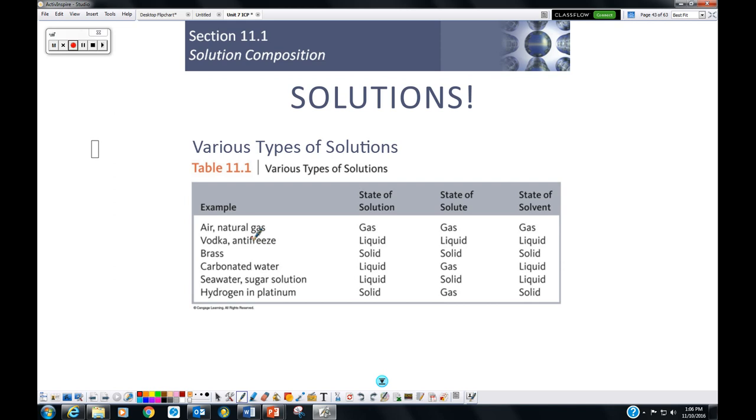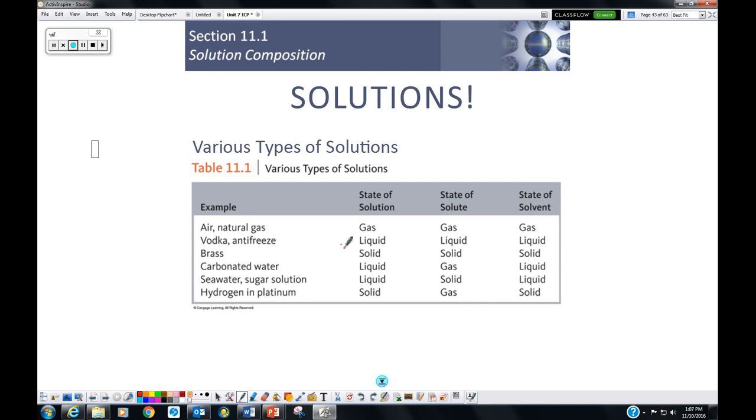If you think about the natural gas that comes into your house, if you've ever turned on your stove and it doesn't light, you smell the gas. Well, that's a mixture of two things. Natural gas by itself does not have an odor, so they inject another gas into it that has an odor so that you can determine that it's on.